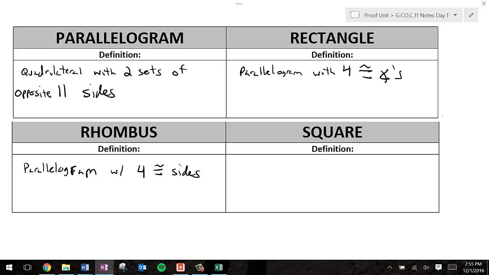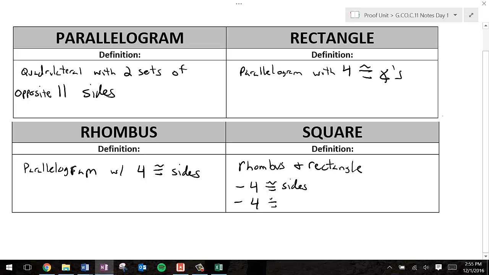A square is both a rhombus and a rectangle. And what that means is it is a parallelogram with four congruent sides, like a rhombus, and four congruent angles, like a rectangle. So it's got congruency all over the place. They are great to work with.